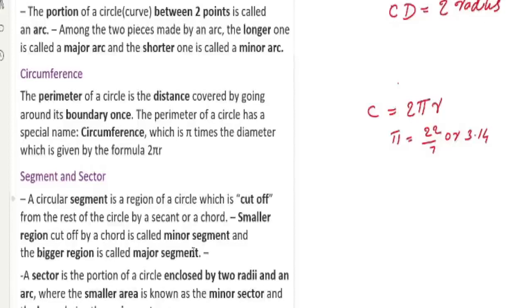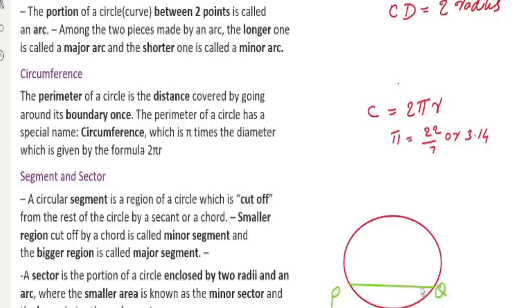For example, you can see the chord is PQ. The chord divides this circle into 2 parts. One is here. You can see this shaded region, this is the bigger one.